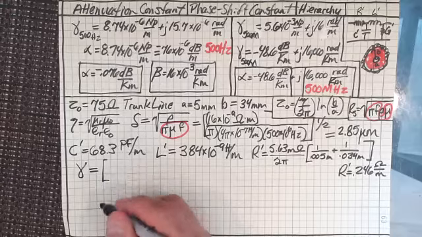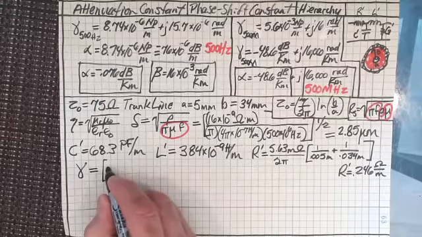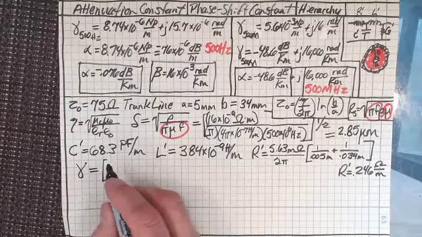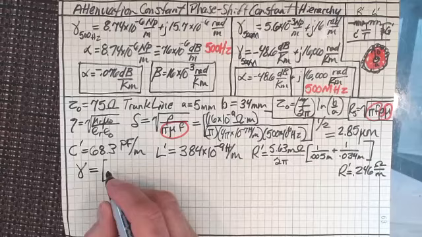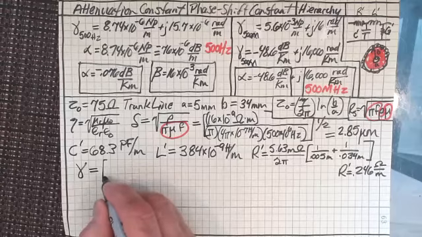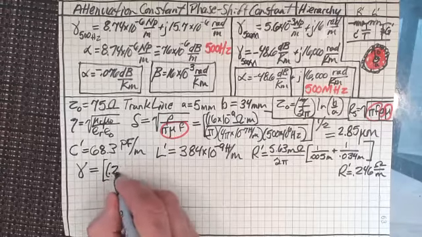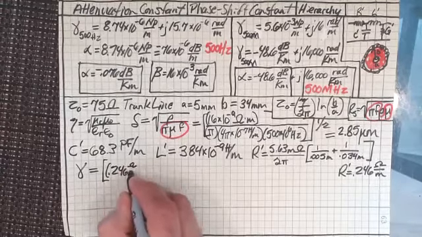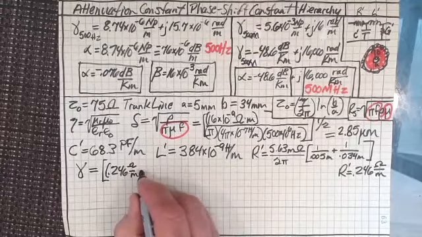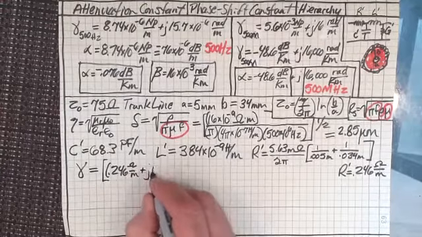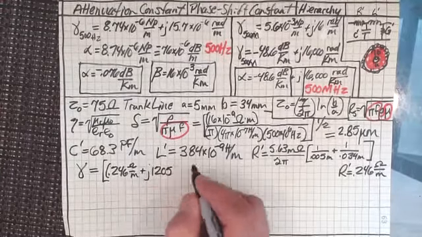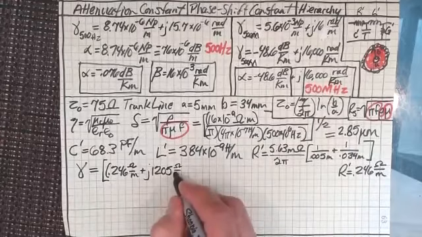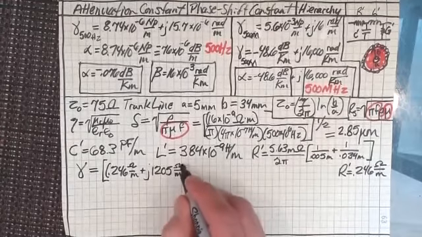I know, so let's just look at this for a second. Well, we know that it's the square root of R plus J omega L, right? So R now is going to be 0.246 ohms per meter plus J omega L. Well, that's still going to be the 1205 ohms per meter that we calculated earlier, right?